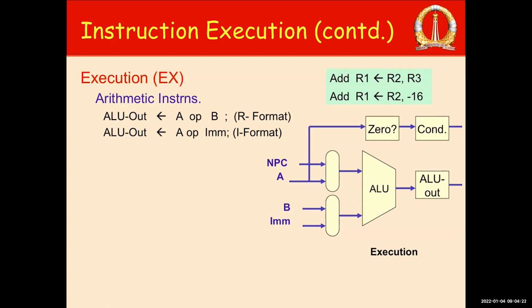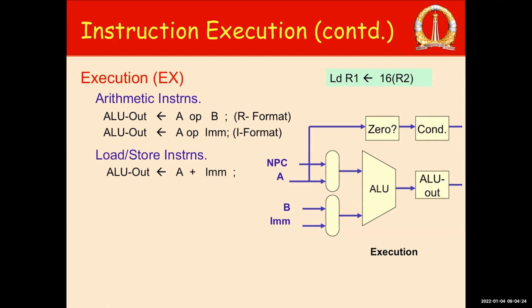If it is a load store instruction, for the case of a load instruction, we have to compute the effective memory address, which is specified by the source register plus the immediate constant. Here the source register value would be available in A and the immediate constant value would be available in immediate.